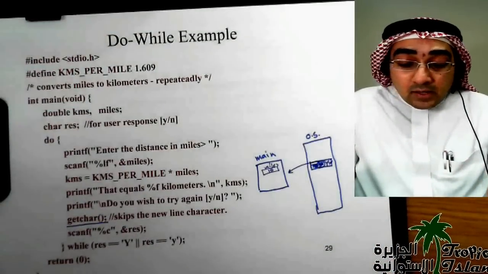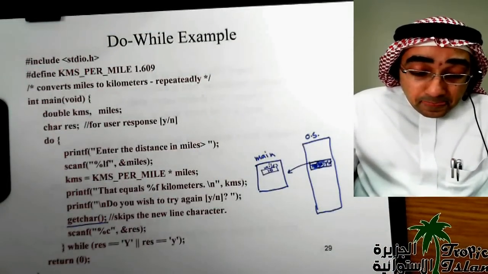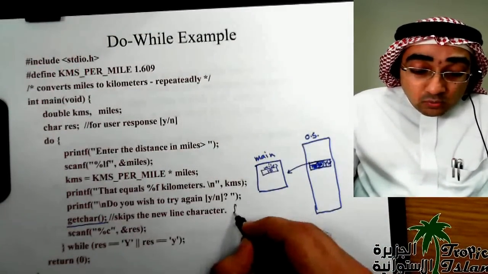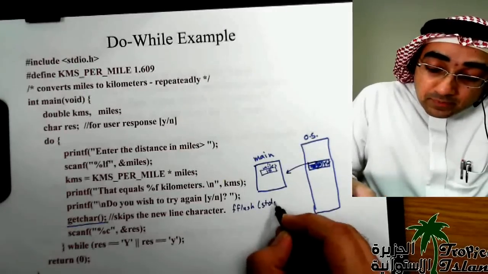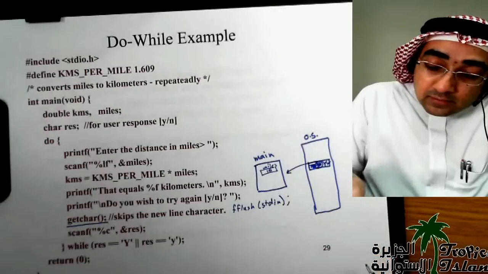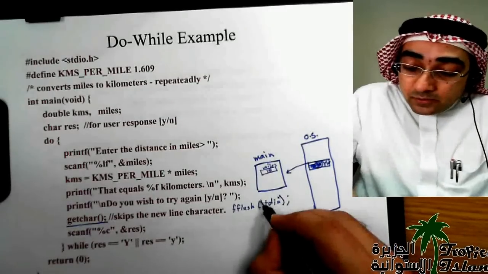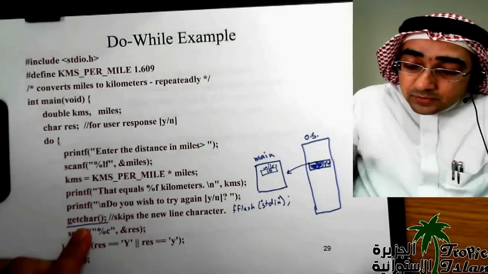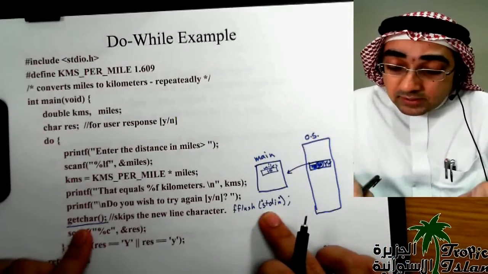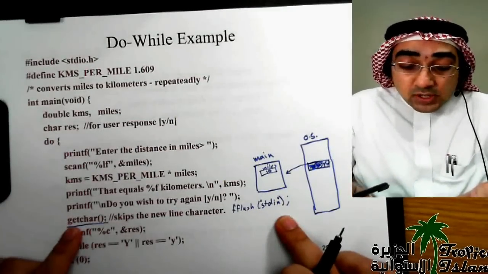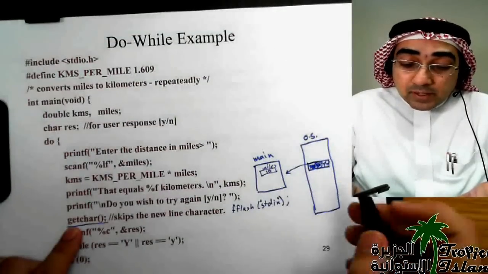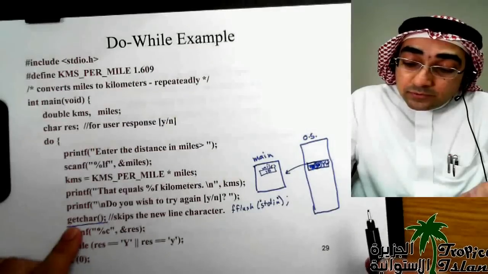Usually what people do is fflush(stdin). Okay, so if you do an fflush, I think there's a double quote over here also. So if you do the fflush(stdin), you can replace this getchar with fflush, and what you tell the compiler is to ask the operating system to flush its buffer.